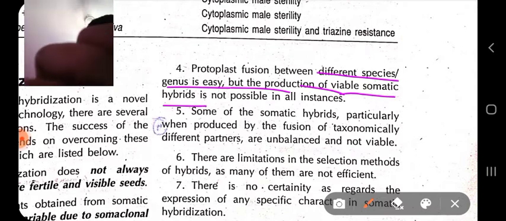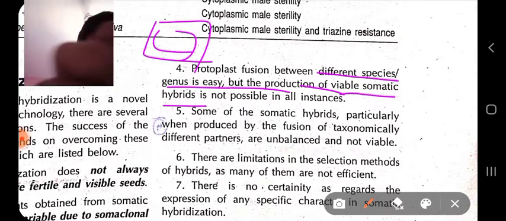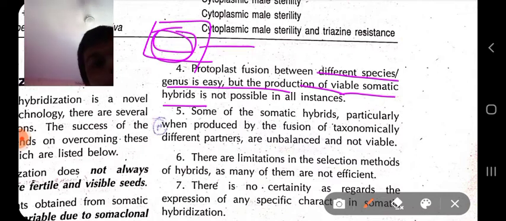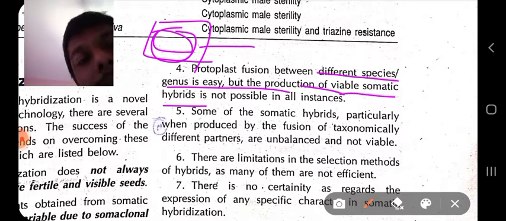The first problem occurs while generating the cell wall. When we are regenerating the cell wall from the protoplast, it is difficult to regenerate it. Secondly, after regeneration of the cell wall, whether the cell will grow or not is the next problem that we face.